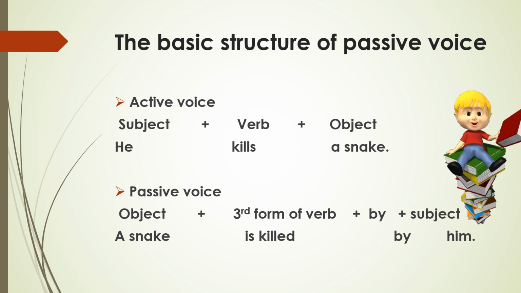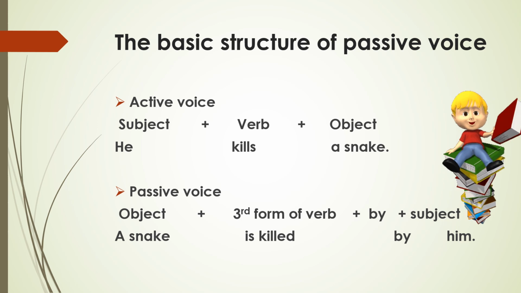And how will you convert it into passive? First you have to see the structure of the passive voice, that is object, then the third form of verb, then by plus subject. As you can see, the subject is shifted to the end of the sentence, and the object is shifted to the beginning of the sentence.